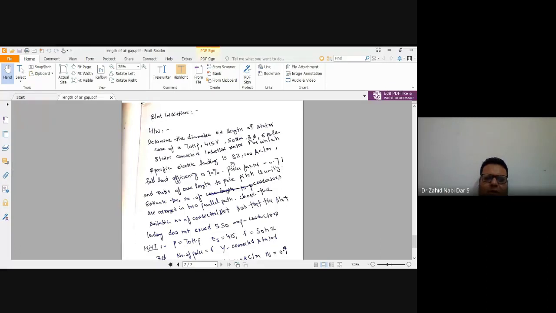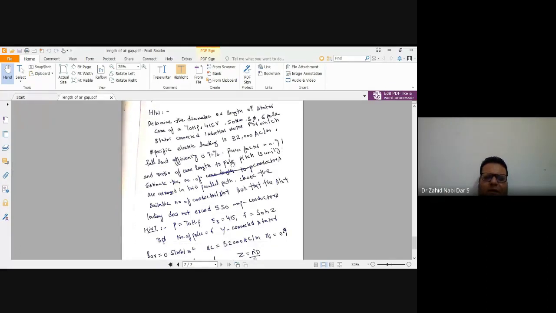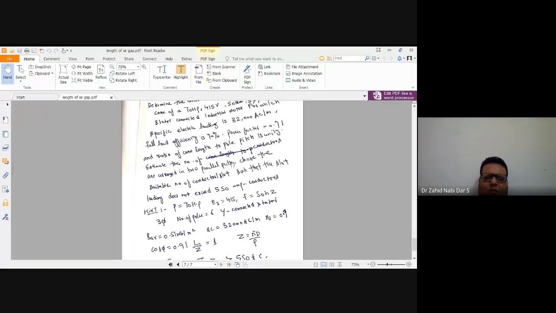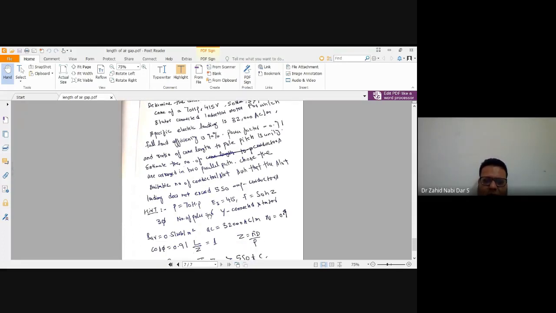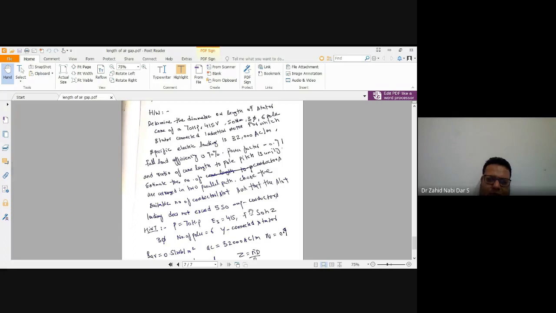In this problem, first I'll give you the hint: your power is 70 HP. Your stator voltage is 415, frequency is 50 hertz, three phase, number of poles is 6.